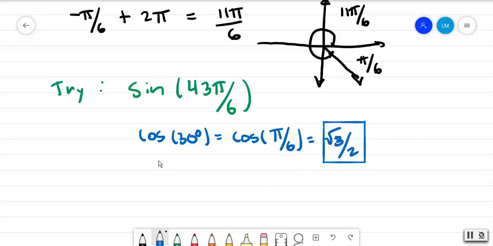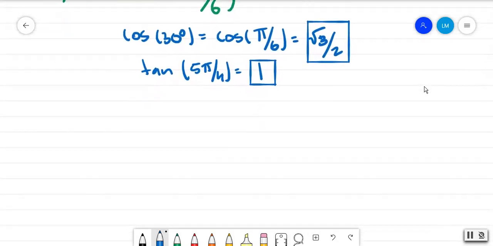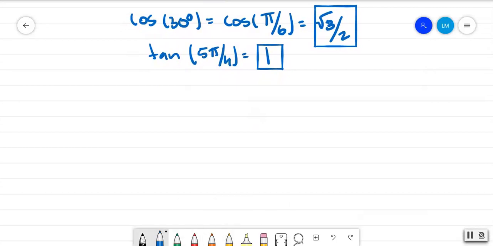Versus if I do tangent of 5 pi over 4, I know that if I plug this into the calculator, it's going to give me back 1. So that's me telling you that you have to be able to work with radians and the exact values for their trigonometric functions.